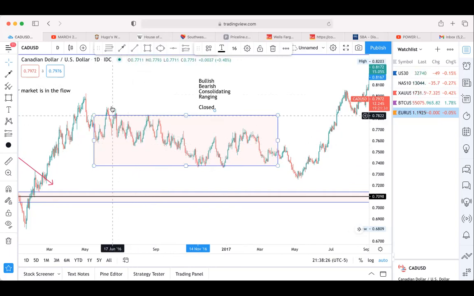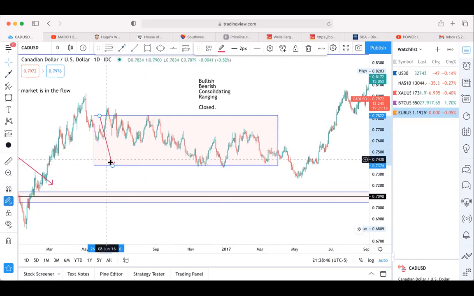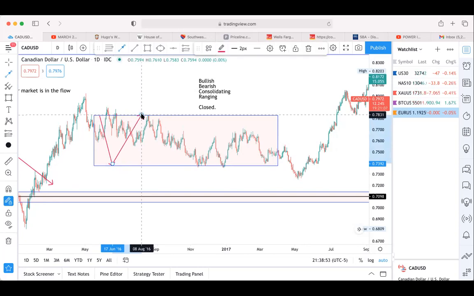Now, to me, this market is a little bit consolidating, not even ranging. Because for the market to range, the market has to do this. It has to go from this resistance, this box I put now is my support and resistance, to this support, from this support back to this resistance, from this resistance back to the support, like that.